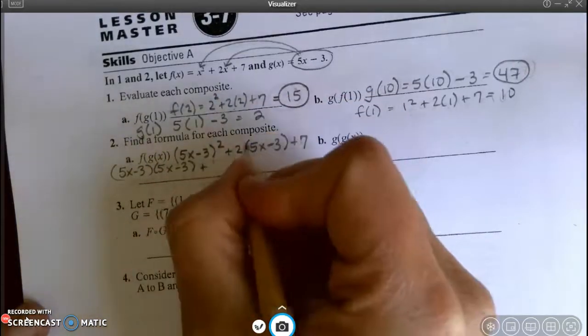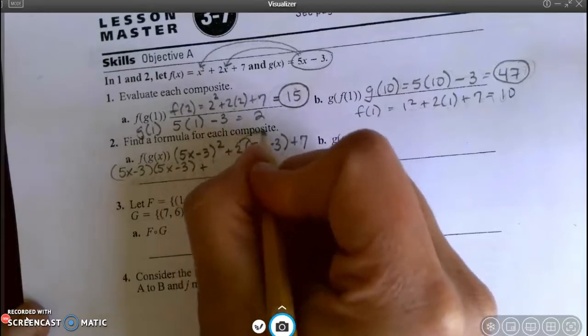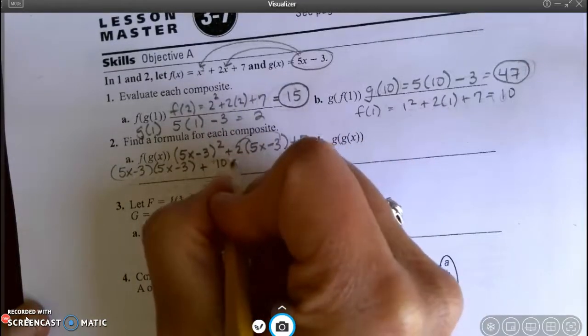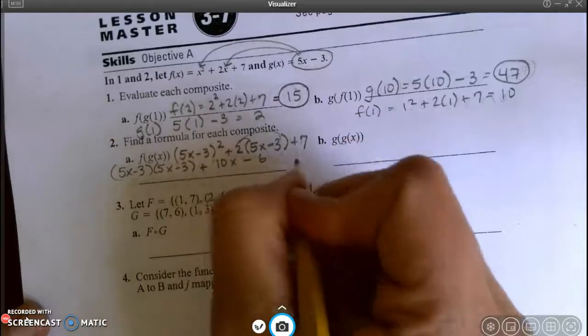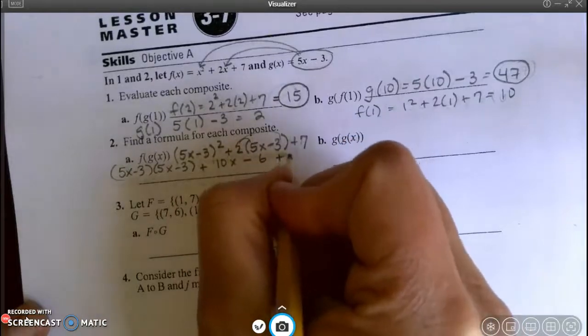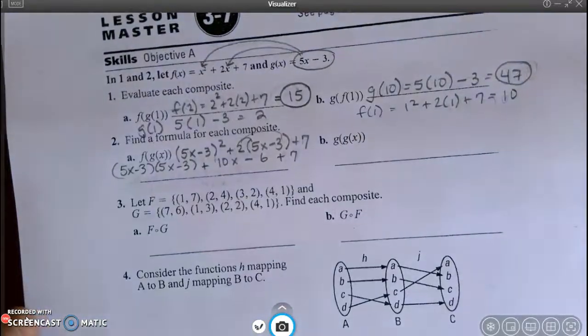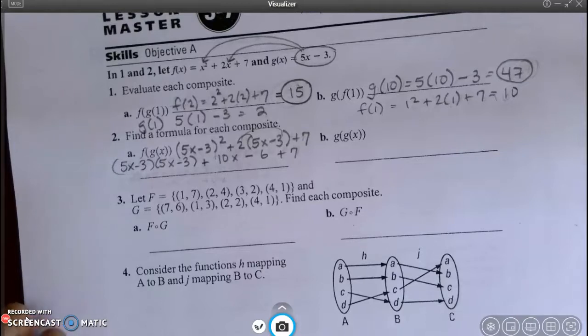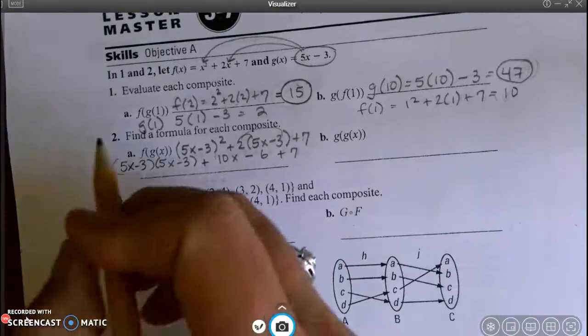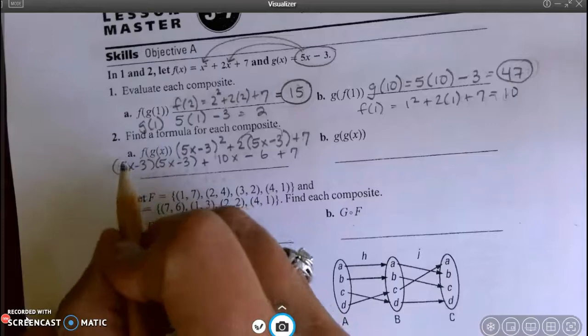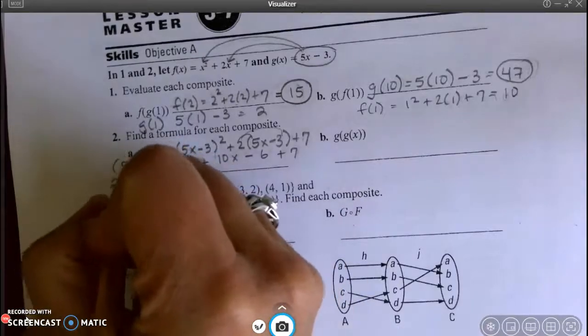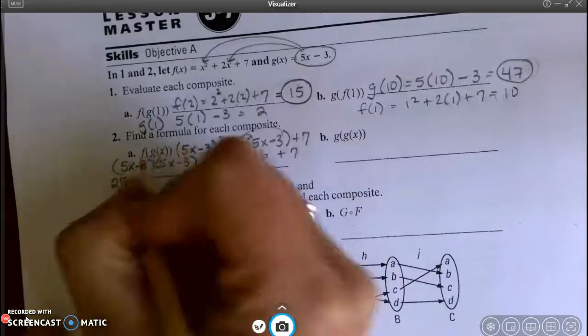And then this, I'm going to distribute the 2, so I get 10x minus 6, and I still have the plus 7. Now, for 5x minus 3 times 5x minus 3, I'm going to use FOIL. My first terms, I get 25x squared.